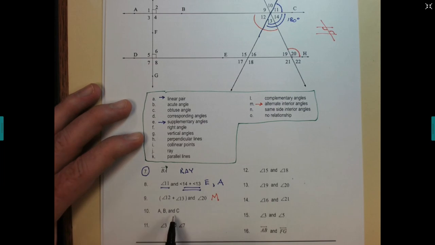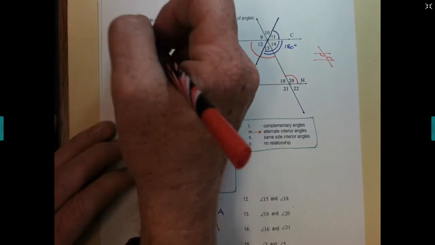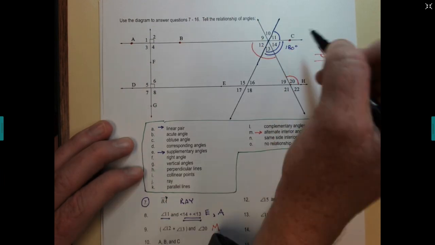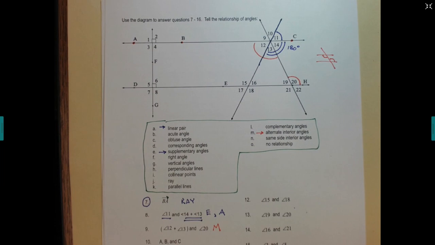What do you guys think about points A, B, and C? Lauren, can you help us out on that one? Anything you notice about points A, B, and C? They are, like, oh, no, I don't know. What were you going to say? I bet you had a brilliant idea.